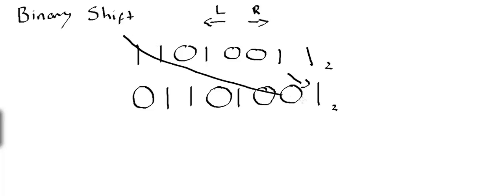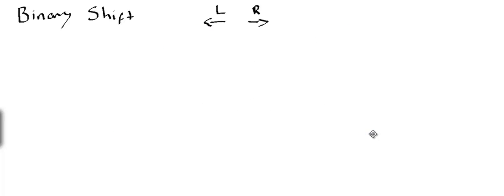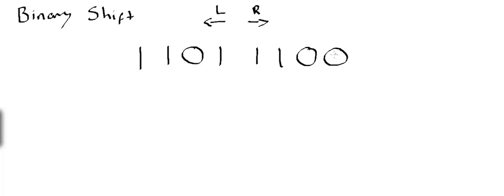So fairly easy to do a binary shift of 1 place, and to be honest it's just the same really if you're doing more than 1 place. So if we had the binary value 1, 1, 0, 1, 1, 1, 0, 0, and we needed to do a 2 place shift to the left, then it would be this value here that would go across 2 and then down to here.